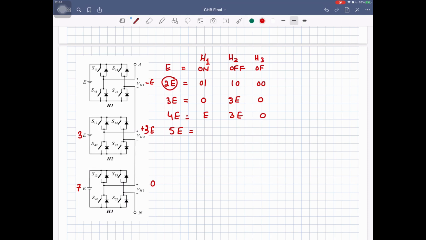So 7E from the third inverter minus 3E from the second inverter and E from the first inverter. So net sum will be equal to 5E. To get 6E, we can get 7E from the third one and minus E from the first one and keeping the middle one off. You will get 6E.